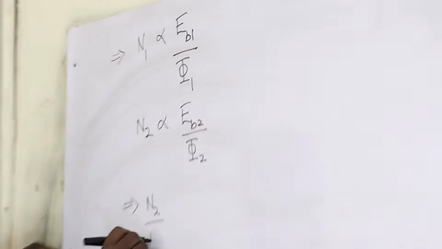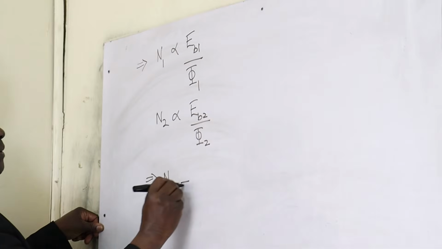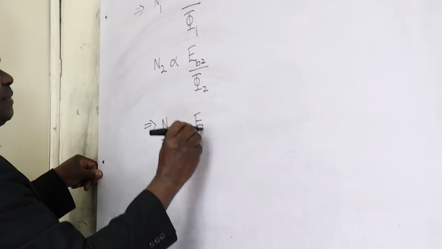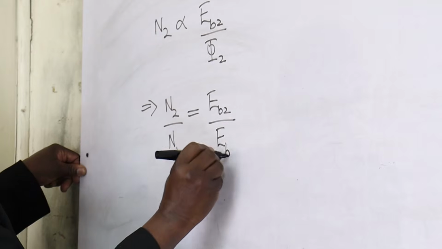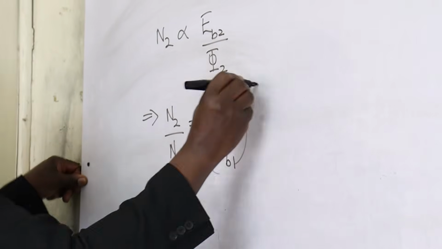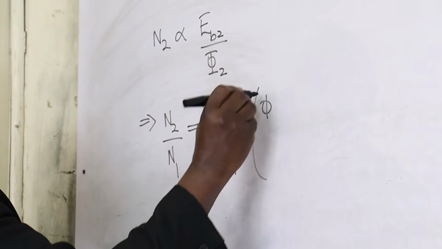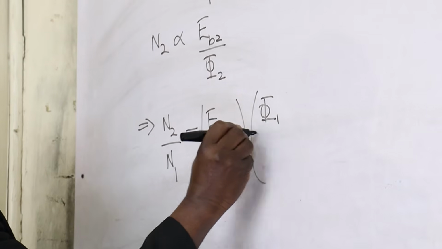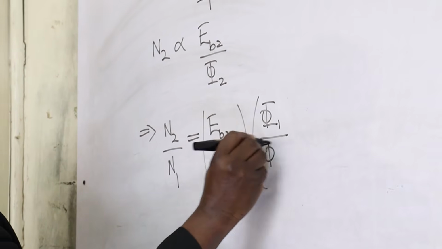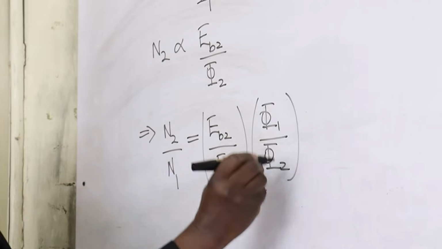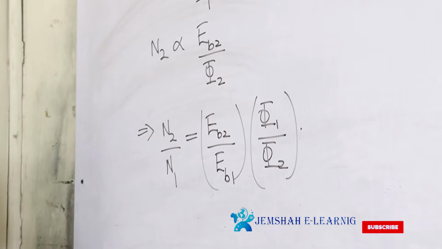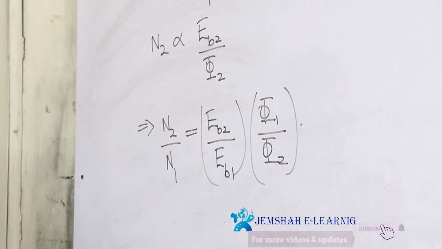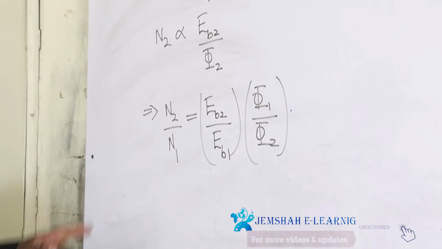N2, when it is divided by N1, will be equal to EB2 all over EB1 multiplying phi 1 all over phi 2.